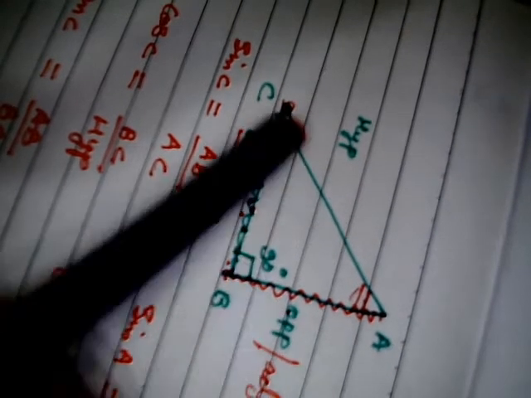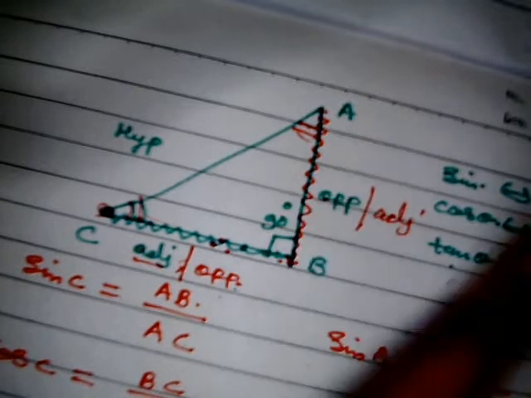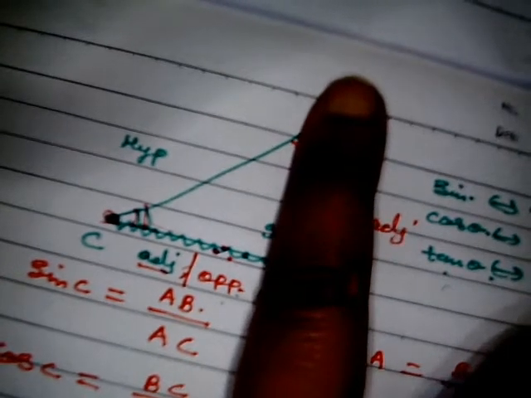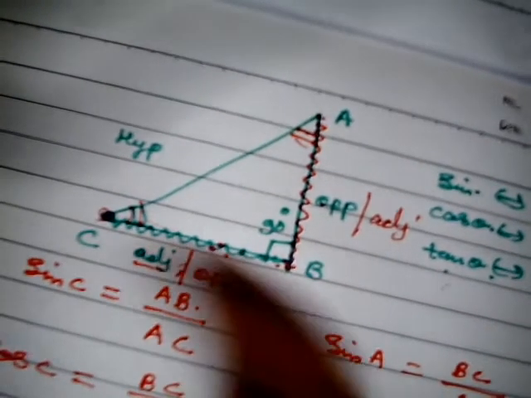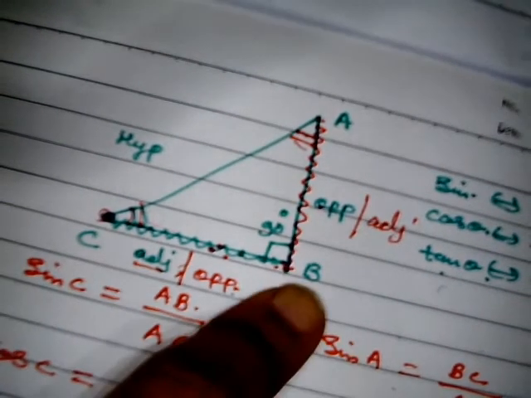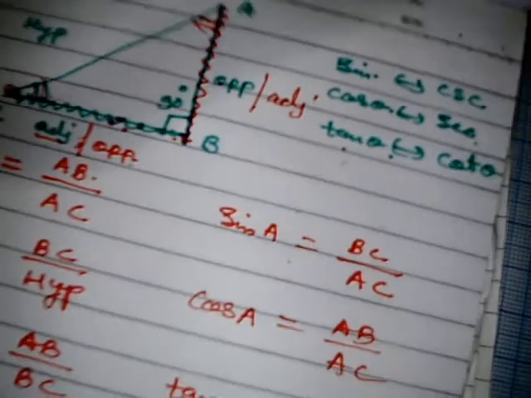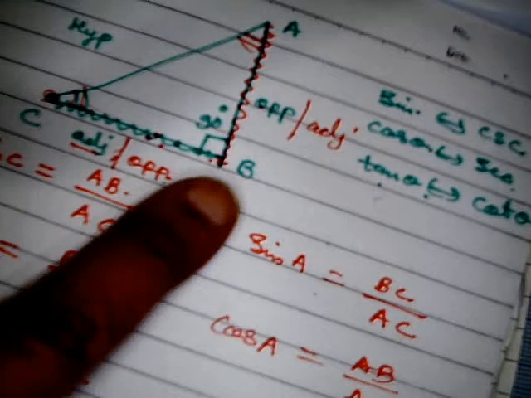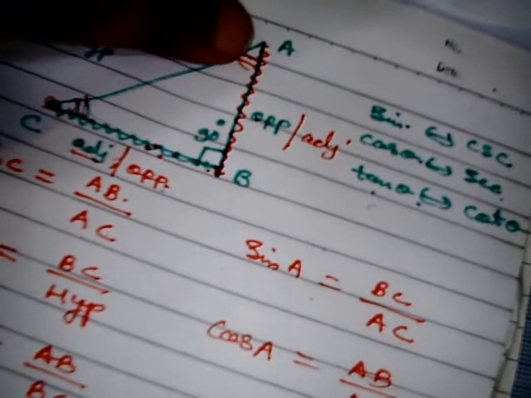Another way you can find it: if you are finding for A, the line which is attached with A, you hide that, then the side which is left over will be the opposite side. So opposite upon hypotenuse. So sine A is BC upon AC, because you are defining for this angle. For this angle, this side will be opposite and this will be hypotenuse.